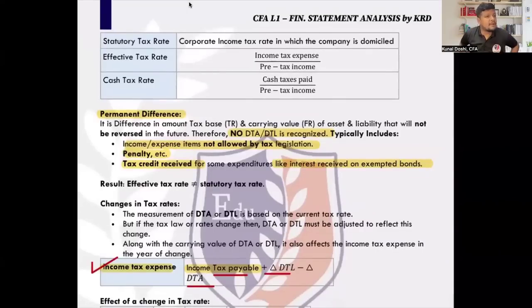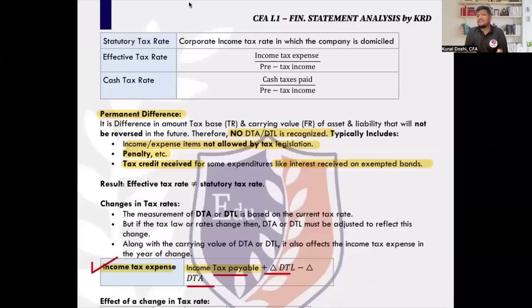For example, if you open a company in a free zone in UAE, where there is no tax policy, you will never pay tax compared to the financial reporting. So this will be a permanent difference. Hence, no DTA or DTL is recognized.